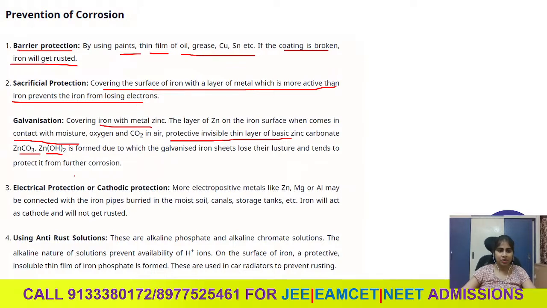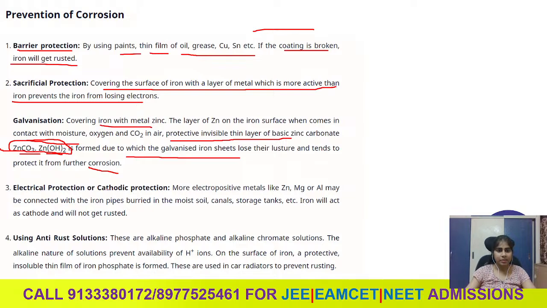This is formed around the iron. Due to this, the galvanized iron sheets lose their luster, protecting it from further corrosion. Since this zinc carbonate and zinc hydroxide is formed around the iron, it will be further protected from corrosion.